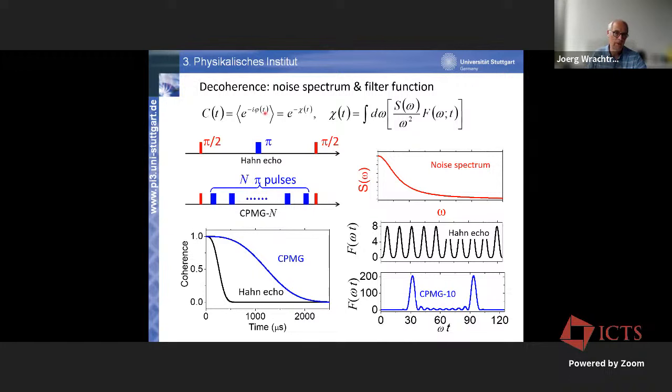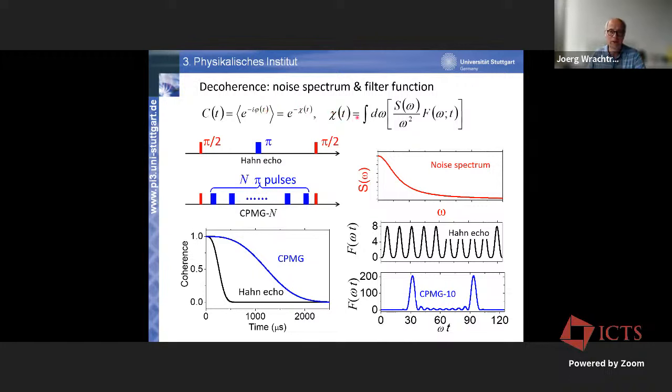The phase of your electron spin decays as a function of time. And this is just the average of all the different frequencies your electron spin has as a function of time. You can write down a function theta of t, which describes this loss of phase information of your sensor electron spin.